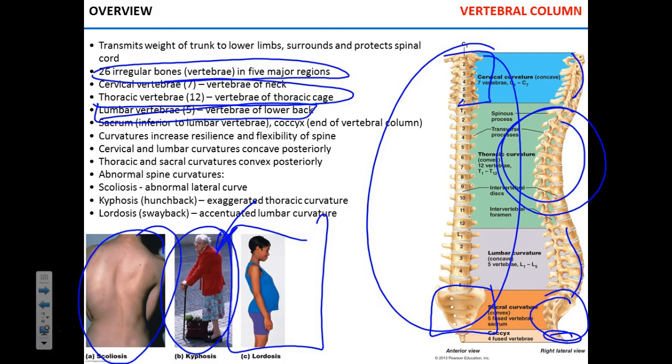Now, lordosis, that's entirely female. That's usually transient. It's an attempt to compensate when the lumbar curvature is being accentuated, okay? Trying to compensate for excessive weight on the anterior surface, essentially for the fetus.